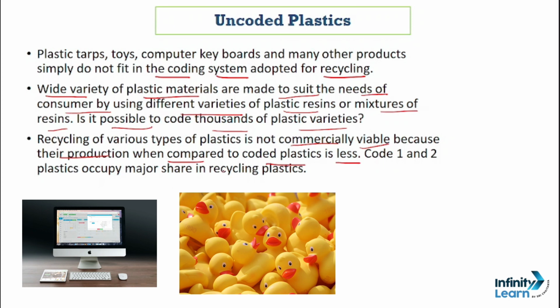It is obvious that they produce these different plastics as per the requirement of clients or customers, so their quantity must be less, whereas coded first, second and fifth plastics occupy a major share in the recycling plastic market.